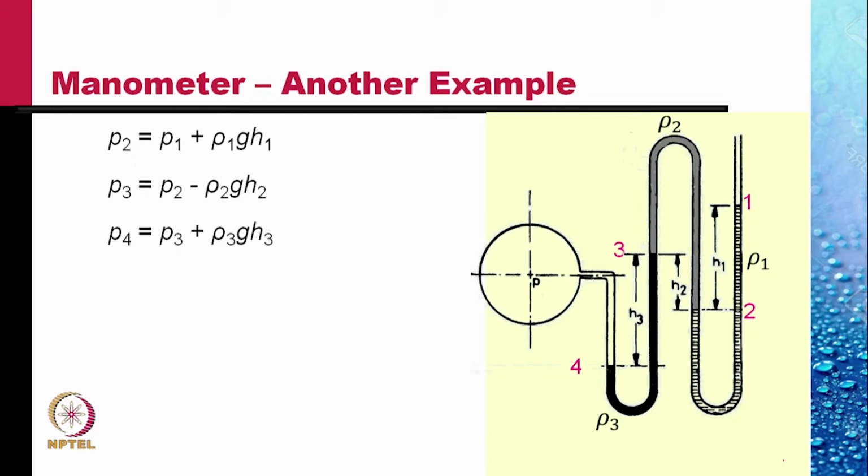And the pressure at 3 is lower than the pressure at 2 by an amount rho 2 gH2. So P3 can be written as P2 minus rho 2 gH2. Now point 3 is above point 4. So the pressure at point 4 is P3 plus rho 3 gH3.